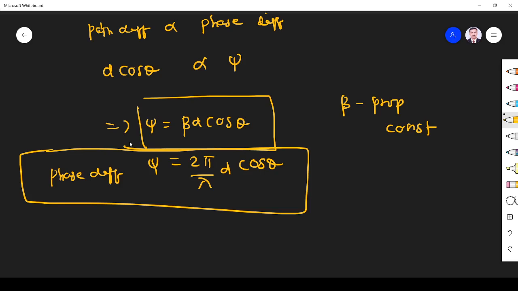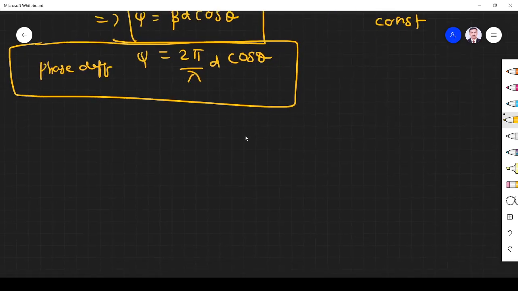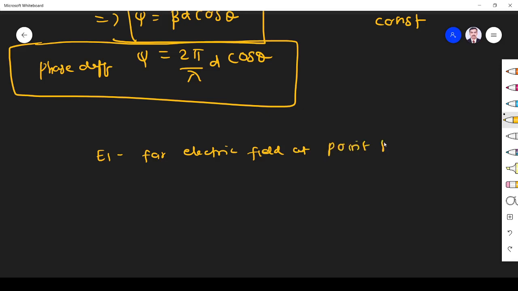Okay. Now we will start the derivation. Let us assume that the electric field at point P is E1, so E1 is the electric field at point P due to point source 1.